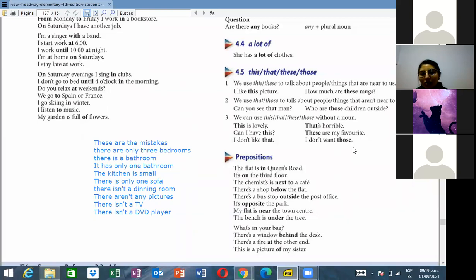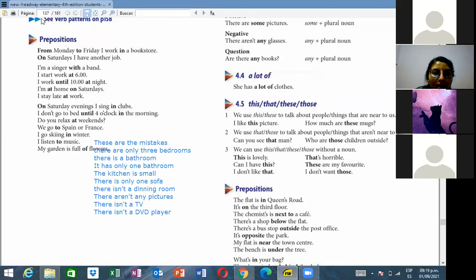Sin tener que mencionar exactamente de qué estamos hablando. Oh, this is lovely. Can I have this? ¿No ve? Sin ningún noun delante. Okay? This is a new rule. Please, students, study. Okay? Try to memorize. Now, please, we have to practice. We have to use this, that, these, and those. So let's go back to the lesson, please, and let's practice.